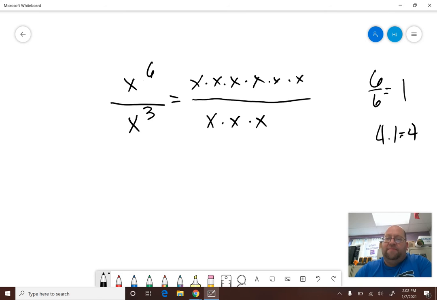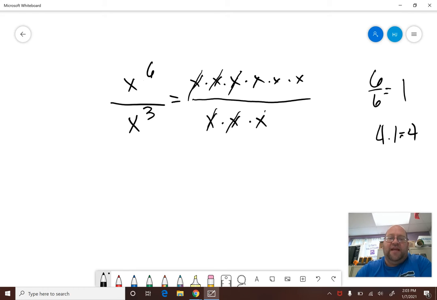So really what happens when you've got the same thing in your numerator and denominator is those things actually cancel. So let's look at what happens with this particular problem. I have one x here, so I'm going to cancel that out with this x on the bottom. I have another x here, and another x there, so those cancel out. Anytime I have one on top and one on bottom, I can cancel those.